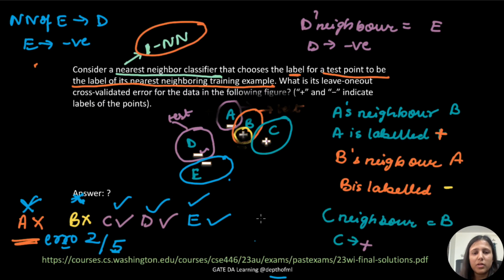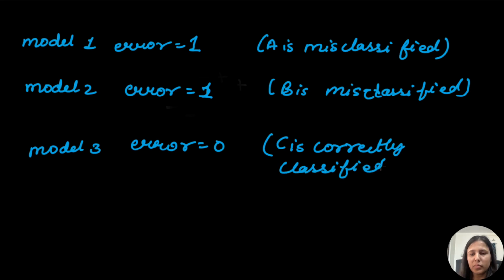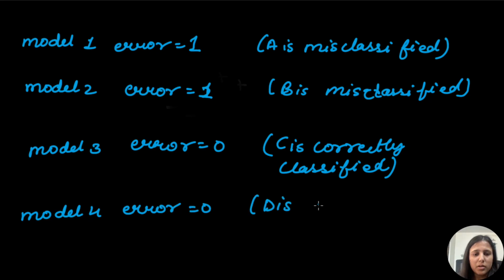So C is correctly classified, right? Model 4 error is 0 because D is correctly classified, right?